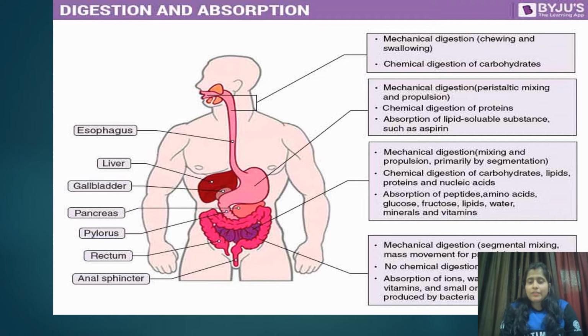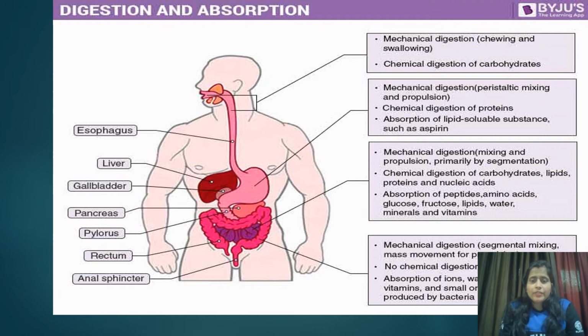Then we have salivary amylase, which does the chemical digestion of carbohydrates, as amylase is responsible for digestion of carbohydrate. So in the mouth, what happens? Chemical digestion of carbohydrate. Okay, then moving to the second, the esophagus.